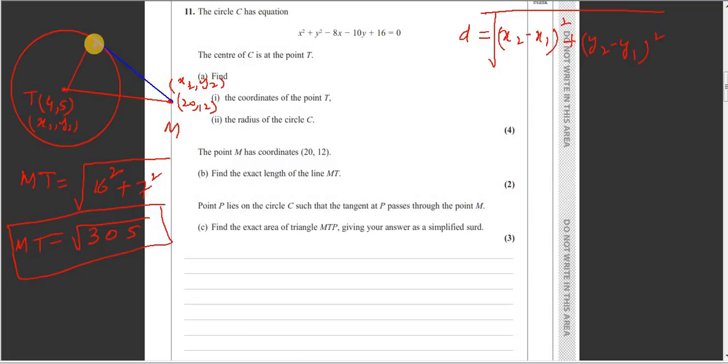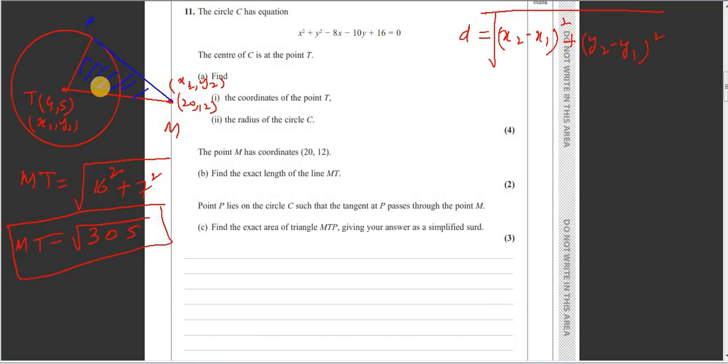Now this is the tangent line and this is the point P. The coordinates of P are not given, but we need to find the area of the triangle MTP.